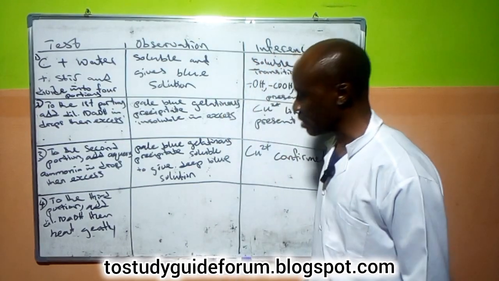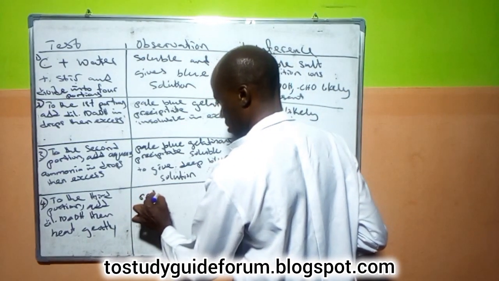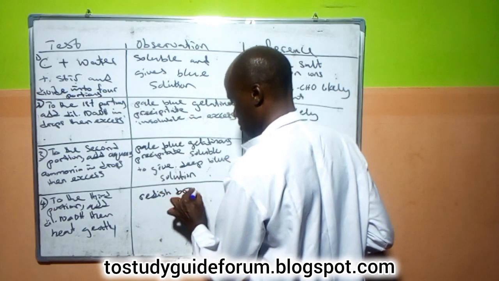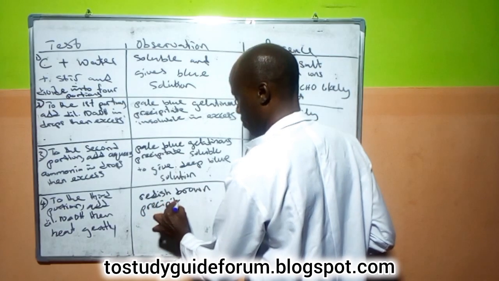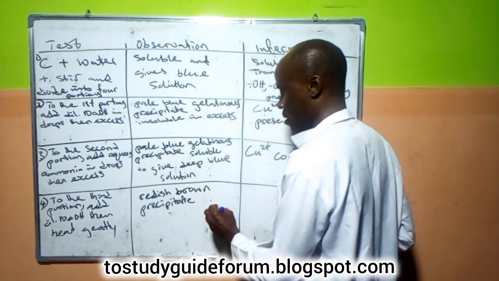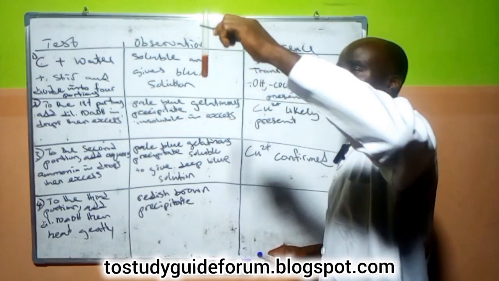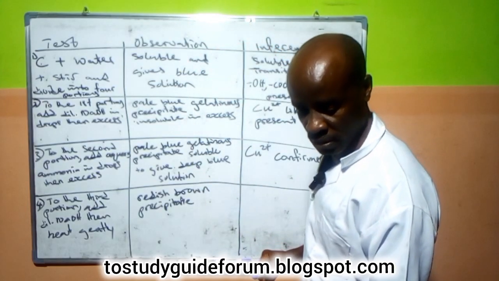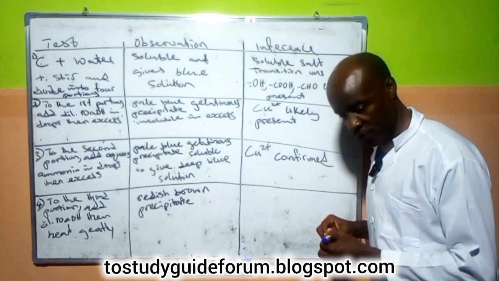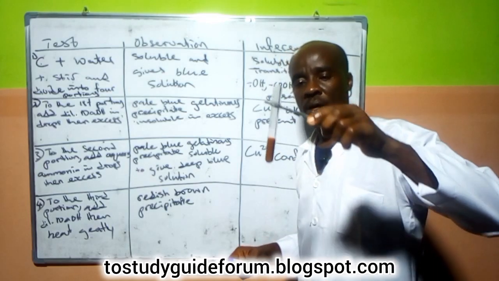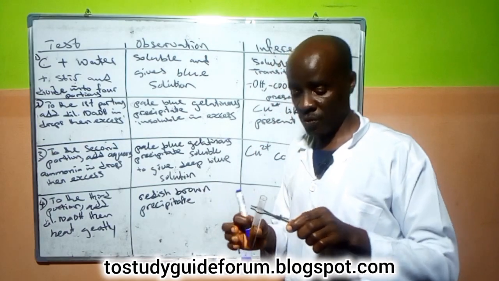So what does this mean? Our observation is that we have a reddish brown precipitate. This reddish brown precipitate is telling us that something has happened. So reddish brown precipitate is as a result of what? That should be copper 1. It's as a result of copper 1.